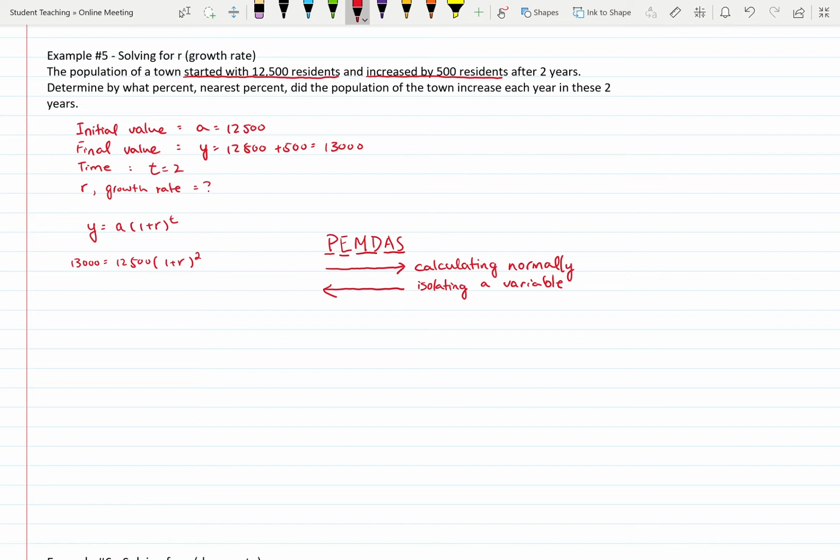So first thing first, we need to deal with subtraction or addition. We don't have any subtraction, because the only addition here is inside the parentheses. We work with that last. The second operation that we have is multiplication or division. We have one here. It's multiplying by 12,500. So we need to use the opposite operation, which is dividing by the same number.